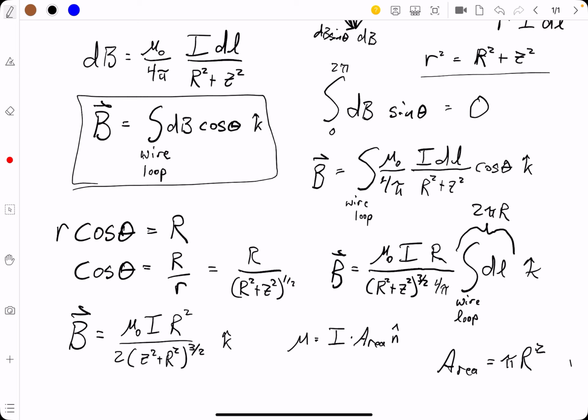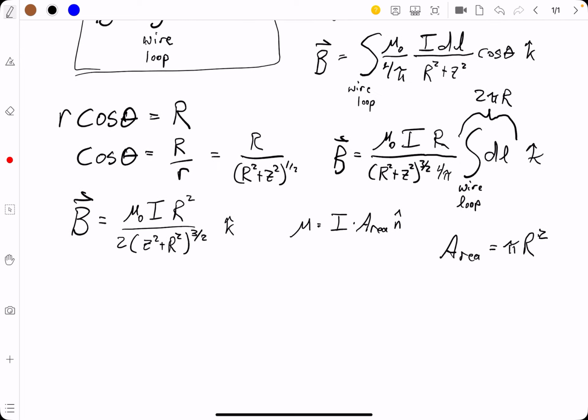So give ourselves a little more room. I times pi R squared in the k hat direction equals mu. And that gives us mu over pi is equal to I R squared.